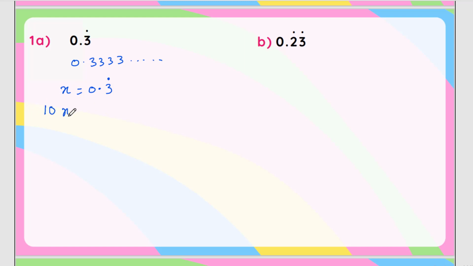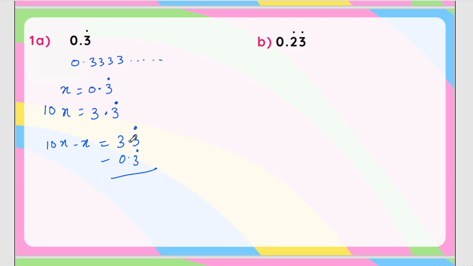So 10x equal to 3.3 dot. I just brought this recurring digit before the decimal point. Now I am going to subtract these two things. So 10x minus x equal to 3.3 dot minus 0.3 dot.